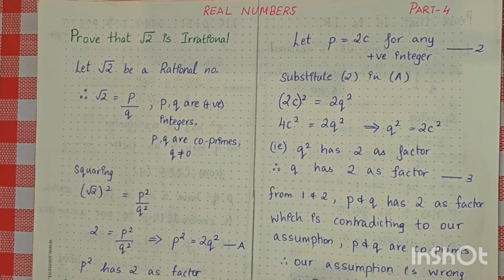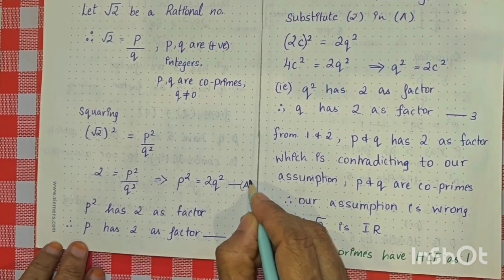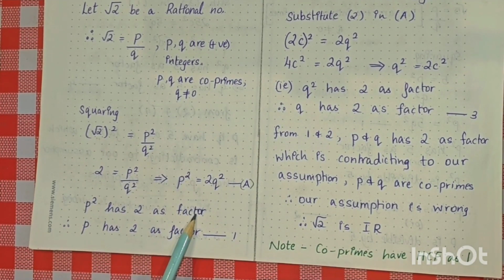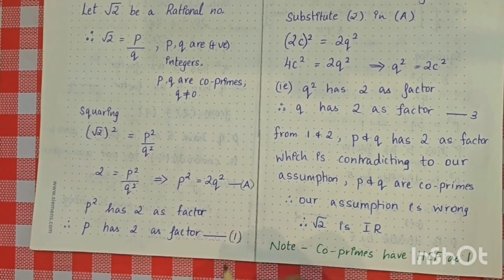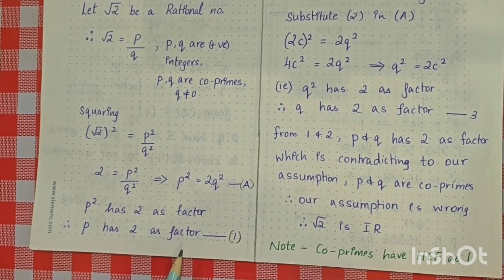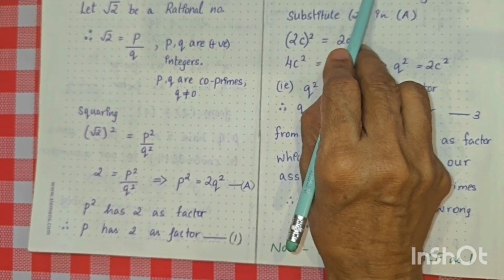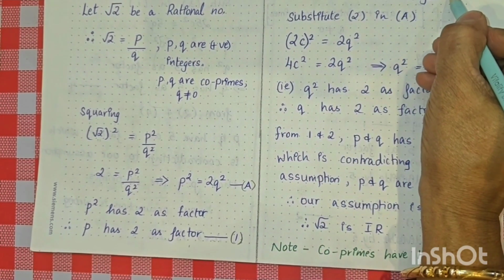Name it as A. Now p squared has 2 as a factor, so p also has 2 as a factor. So equation 1. Now since p has 2 as a factor, you can write p equal to 2c. Let p equal to 2c for any positive integer c.